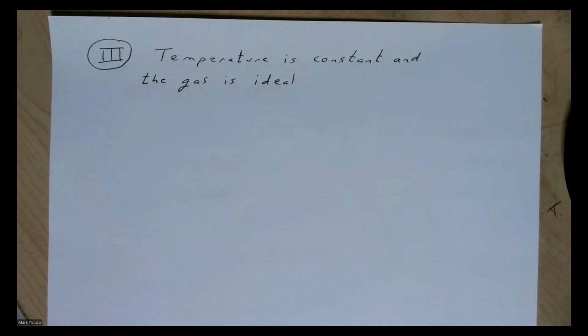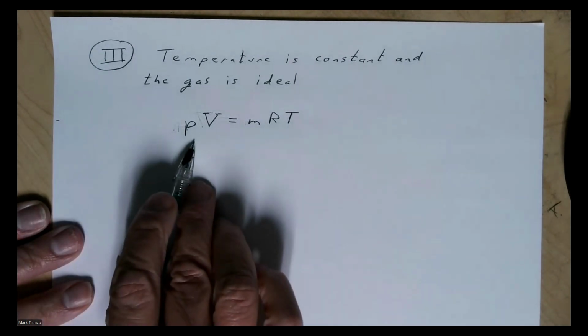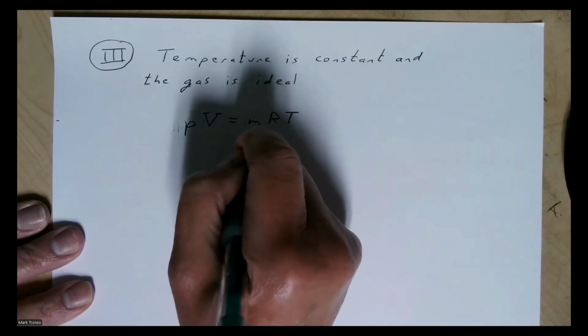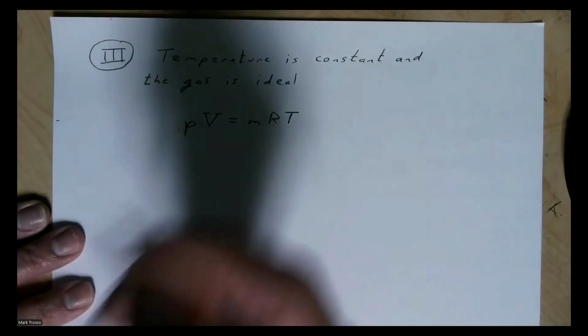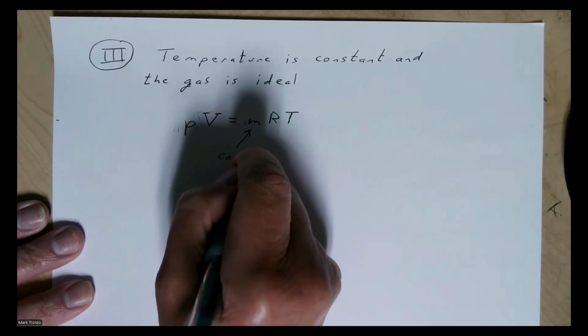Another case is if the temperature is constant throughout the process and the gas is ideal. So let's say if you have something like this, for an ideal gas, you have PV equals mRT. And again, we're assuming this is a closed system, so this mass has to be constant.